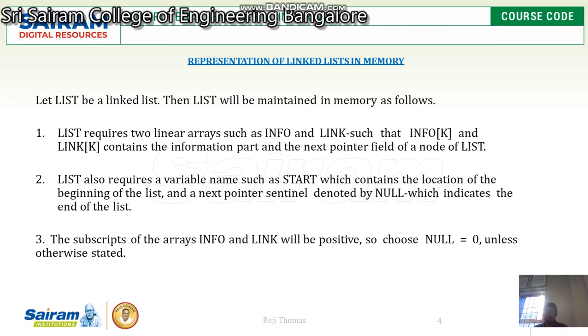At the same time, we are going to take a variable named start, which gives you the address of the starting node, that is, the location of the beginning of the list.